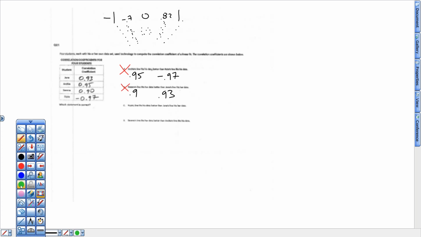It says Nate's line, which is 0.97, pretty high, compared to Jana's line, which is 0.93. Nate's line fits better, and you can see this is the only one that really has that true statement. Nate has a higher correlation coefficient. That is correct. The other one, Serena's line 0.9, and then Archie's line 0.95. Again, that is false, saying 0.9 is more. That's what you need to see if it fits better.